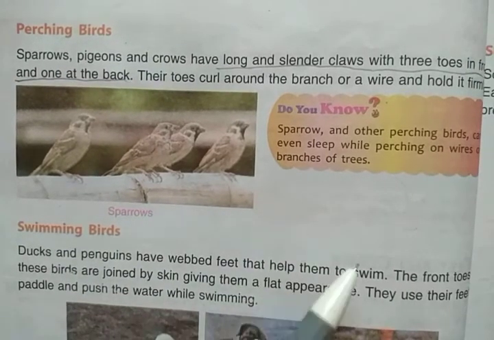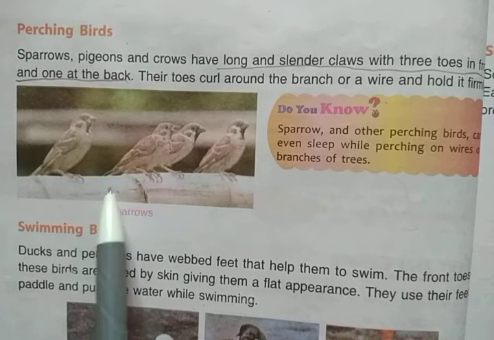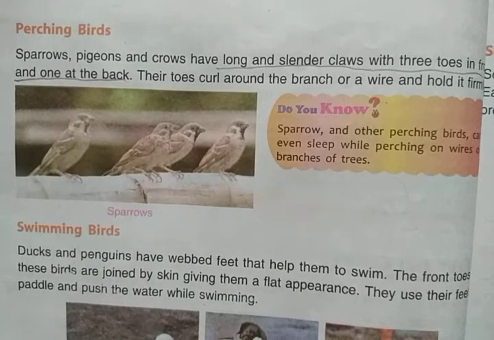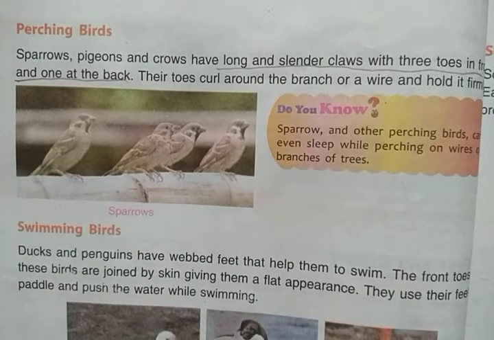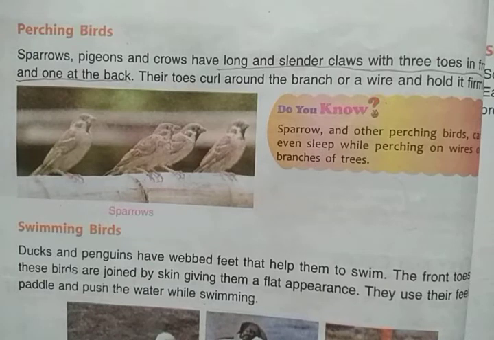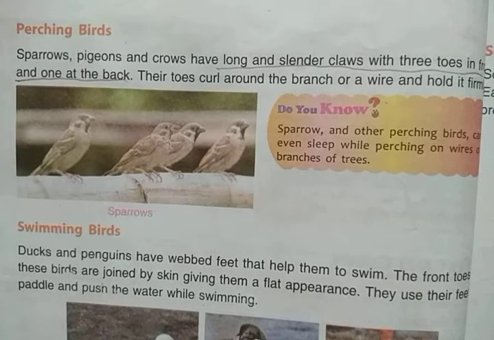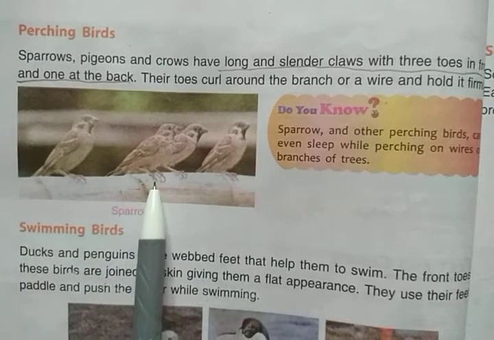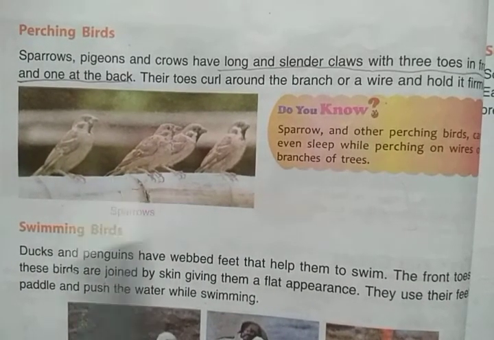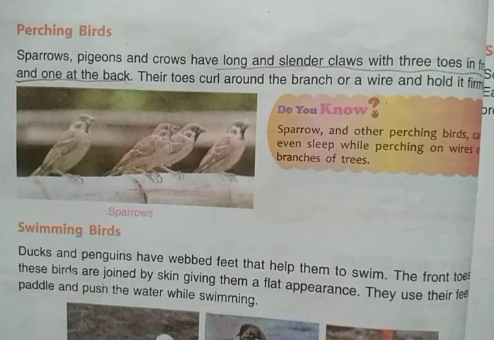So they have 3 toes in front and 1 at the back. So ये क्या करते हैं, ये curl हो जाते हैं जब ये किसी भी branch और wire पे बैठते हैं, तो उसको tightly पकड़ने के लिए इनके इस type के claws होते हैं. So they can sit anywhere on the wire and branch.